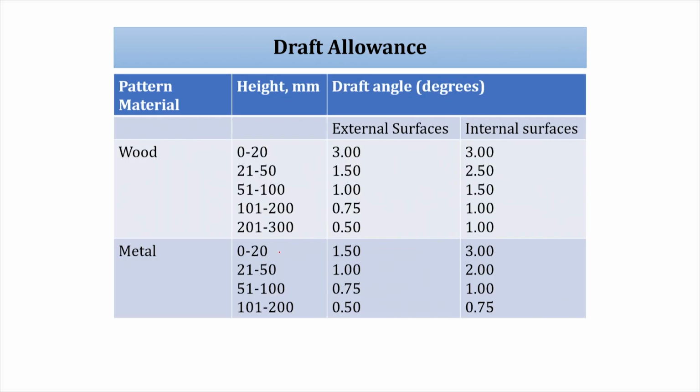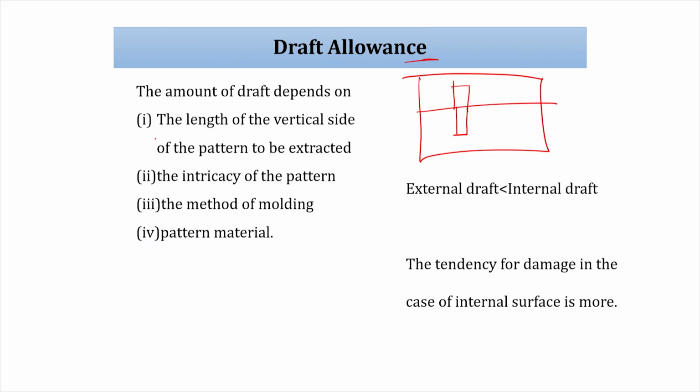And also the data suggest that, as pattern makers and foundrymen have done practice and collected lots of data, the external draft, external tapering, is always lower than or equal to the internal draft. External draft should always be lower than or equal to the internal draft angle.